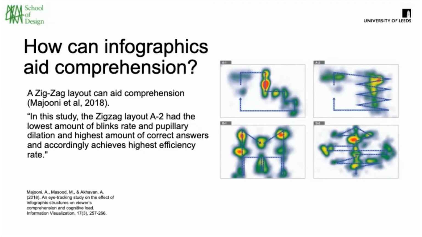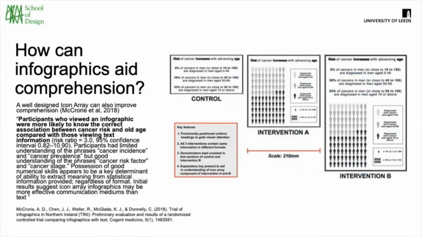So it's not just about an infographic or not, it's how we actually design the space, the ordering of the information, and that varies, and that will have an impact on our audience. So we need to think not just no infographics or infographic, but all of the design aspects of it can make a difference. We also know, for instance, that icon arrays perform much better than just text alone.